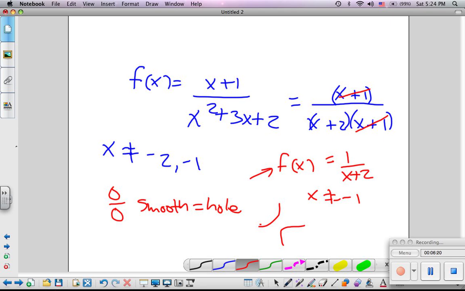But remember, whenever you have any number n over 0, where n is not equal to 0, then we know for sure that this will be an asymptote, because as we get closer and closer to 0 when we're dividing by something, the number gets bigger and bigger. And it can either happen in the positive direction or the negative direction.